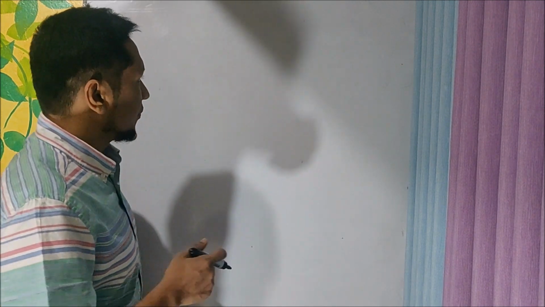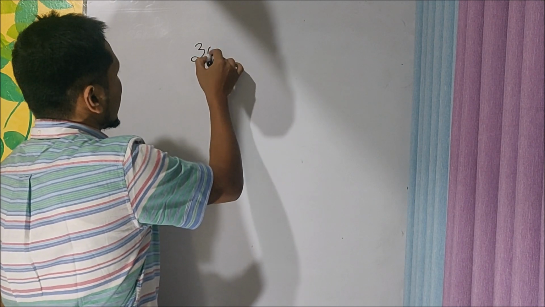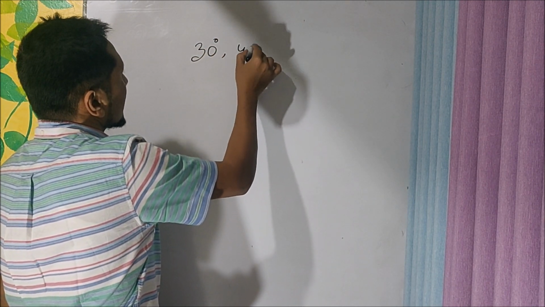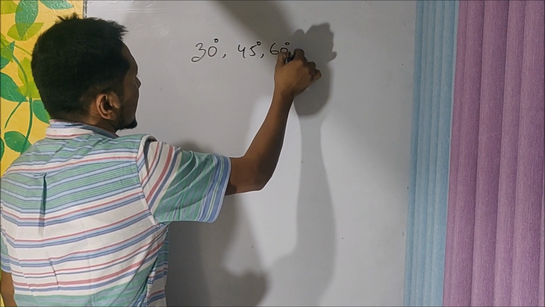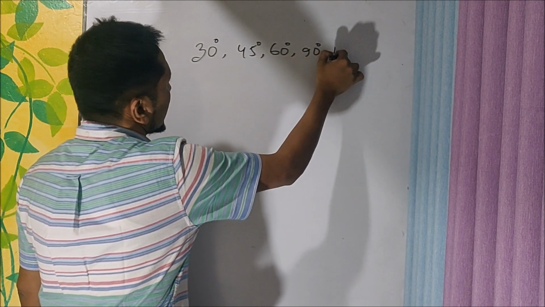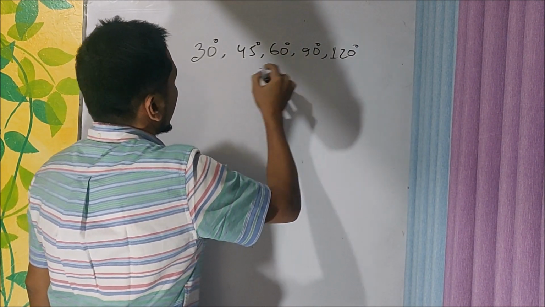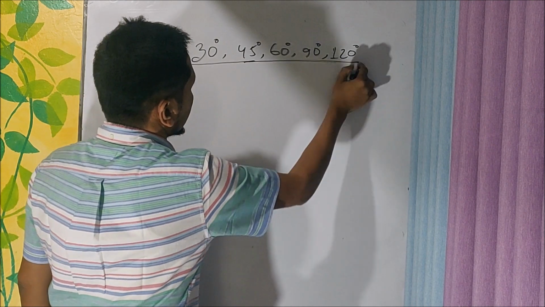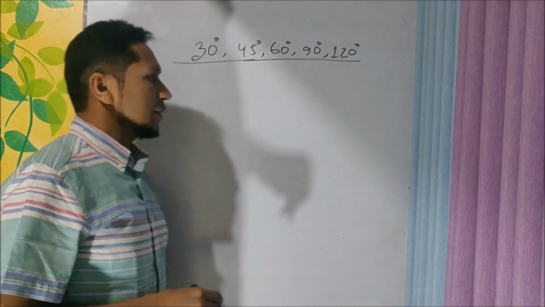That's why you must know how to draw some fundamental angles without the help of a protractor. In this lesson we will learn how to draw these angles. The fundamental angles are 30 degree, 45 degree, 60 degree, 90 degree, 120 degree, and such angles can be drawn without a protractor very easily.